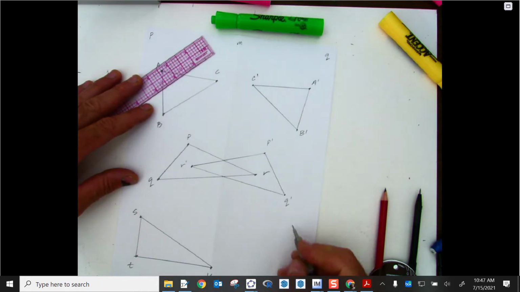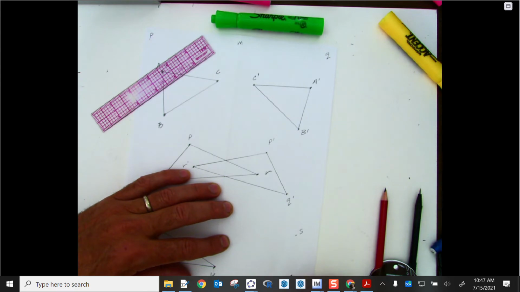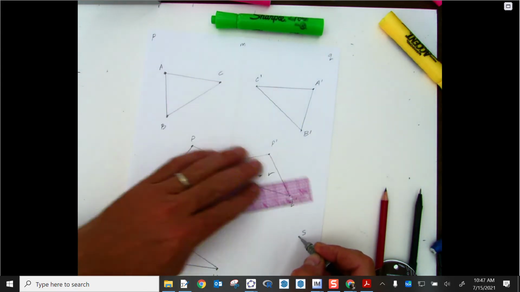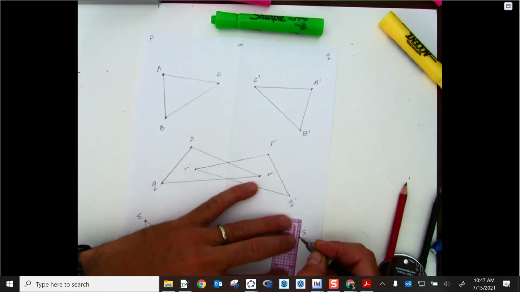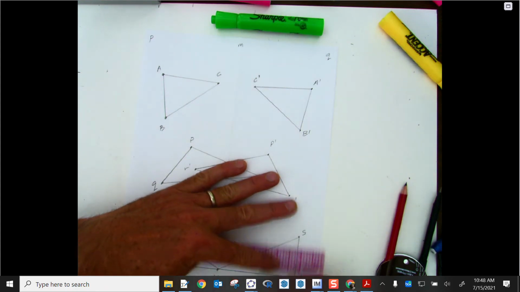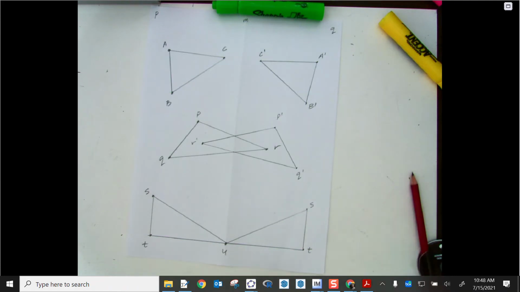And then the last one, this one must be S, and this one must be T, and that one must be U. So I'll go ahead and so there we have it. Those are the 3 triangles.